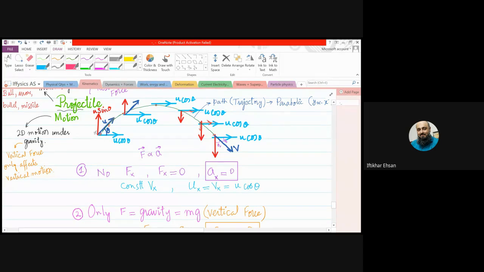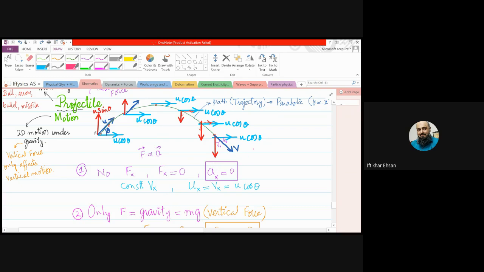After the projection, we do not have any control over it, and there is no horizontal force acting on it, as force is directly proportional to acceleration. If one increases, the other increases; if one is zero, the other is zero as well. So no horizontal force means the horizontal acceleration is also zero.